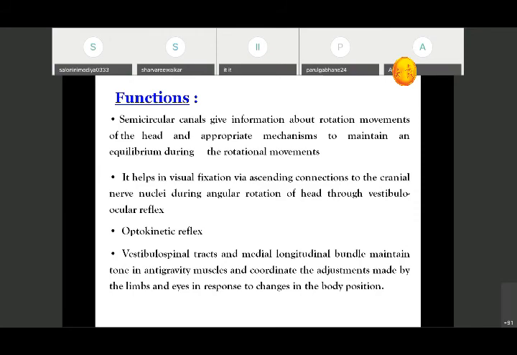It helps in the optokinetic reflex, that is fixation of vision. Through the vestibulospinal tract and the medial longitudinal bundle, it helps in maintaining the tone in the anti-gravity muscles and coordinates the adjustments made by the limbs and eyes in response to changes in the body position.